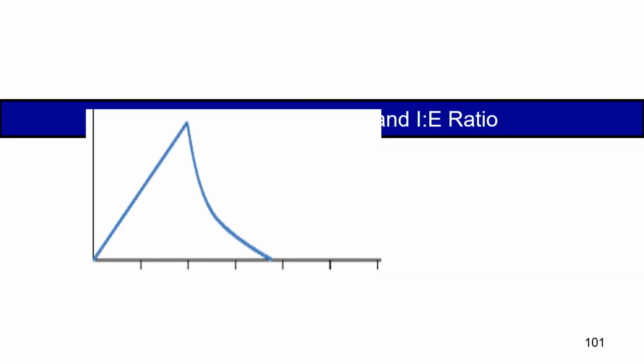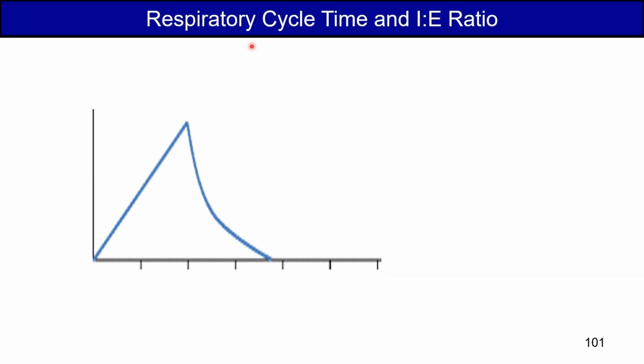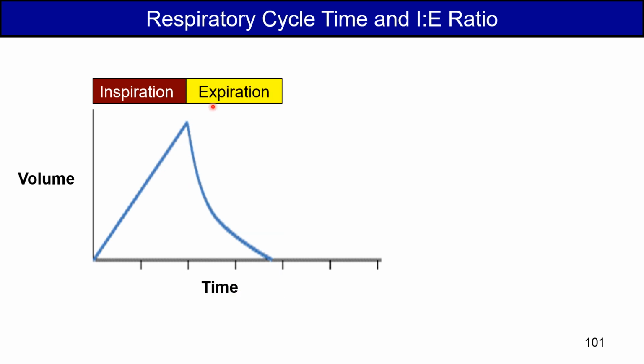So let us now discuss the respiratory cycle time and the IE ratio. On the x-axis is time, on the y-axis is volume. Now this is the respiratory cycle, and it is composed of three phases. There's inspiration, then there's expiration, then finally there's a period of no flow, which is known as the apnea phase.